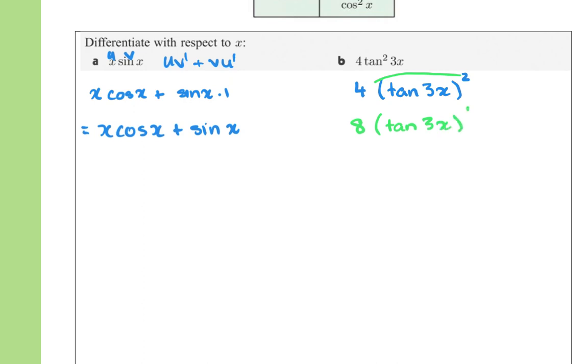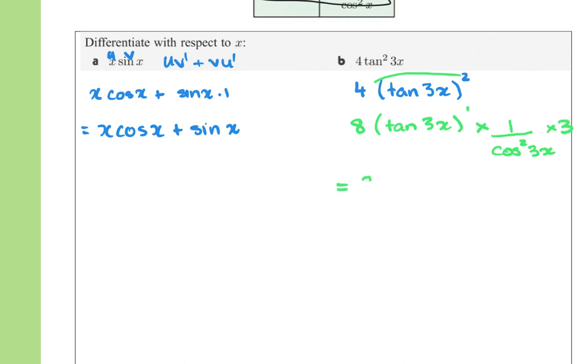Decrease the power by 1. Now differentiate what's inside the bracket. So I'm going to differentiate tan of 3x. So that's going to be 1 over cos squared 3x. One more step, I now have to differentiate the 3x, which is 3.